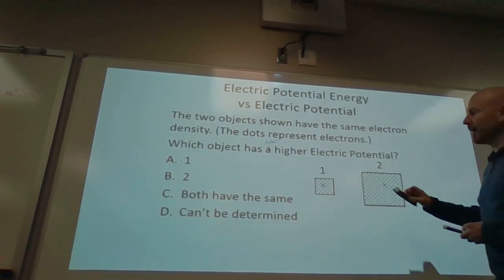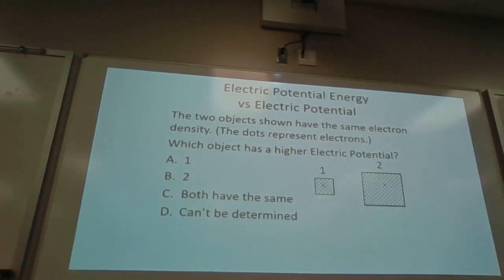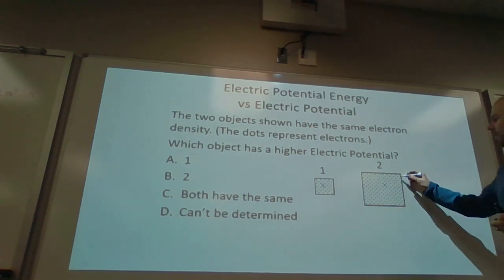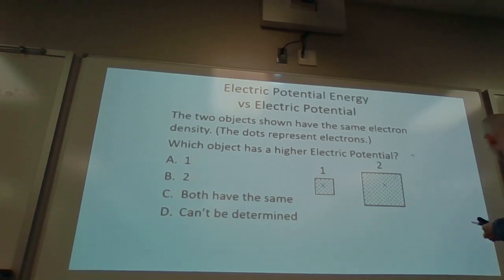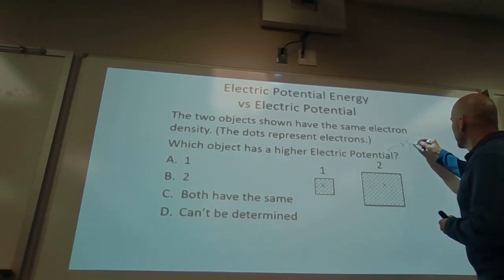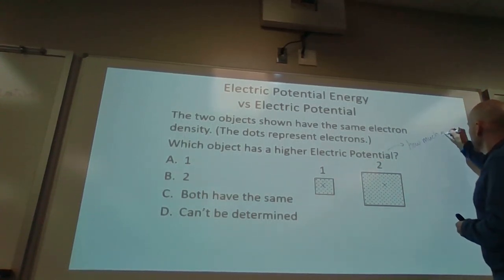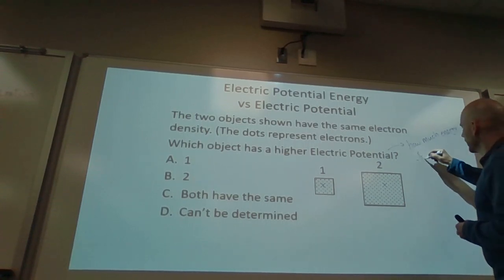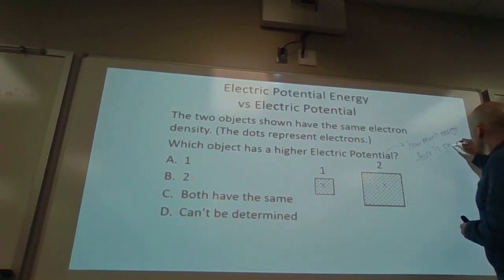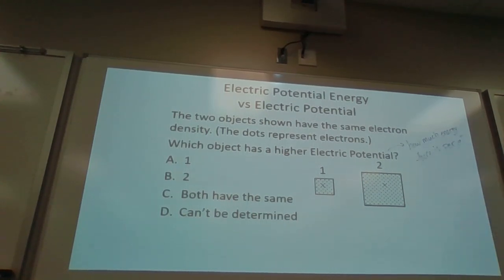Now, which of these has a higher electric potential? Okay.